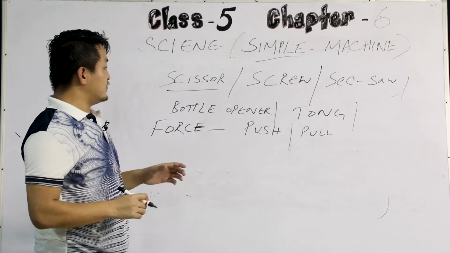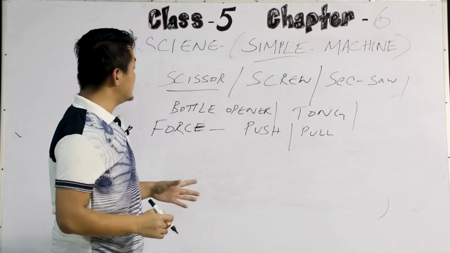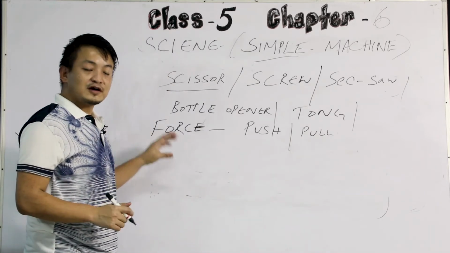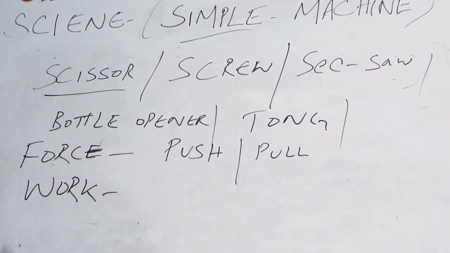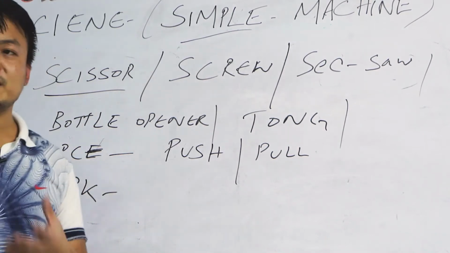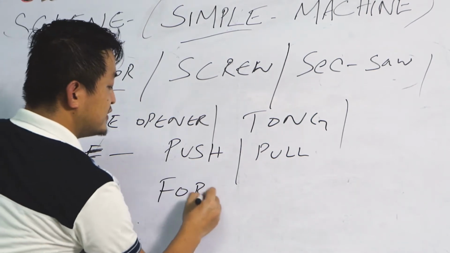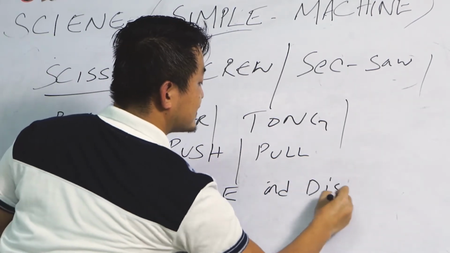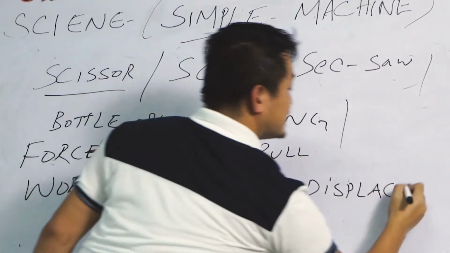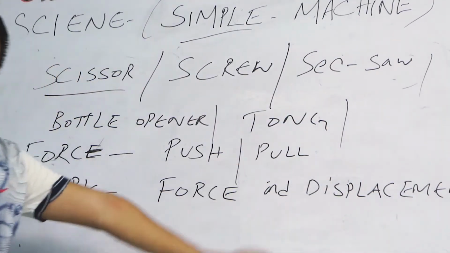For any work to be done, we have to apply a force, right? If I ask you the definition of work, I'm sure you'll have many answers. But the definition of work would be simply force and displacement. Force and displacement. And why am I saying force and displacement?